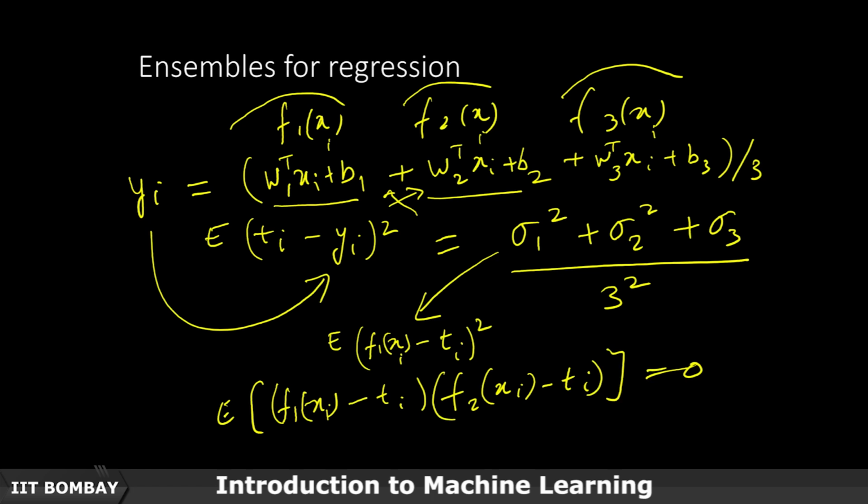So they have to be uncorrelated with each other, and that uncorrelated assumption is related to the independence assumption that we were talking about. They are not the same, but they are quite related. Only then will we get a reduction in the variance of the error, and this reduction keeps on going up as we have more and more constituents in the ensemble.